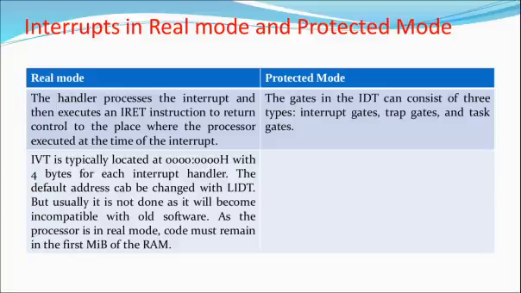L is for load, IDT is interrupt descriptor table, but usually it is not done as it will become incompatible with old software. Old software means old versions where the addresses are predefined, and in those versions we cannot change the address, so it is not used to change the address. As the processor is in real mode, the code must remain in the first MB of the RAM.